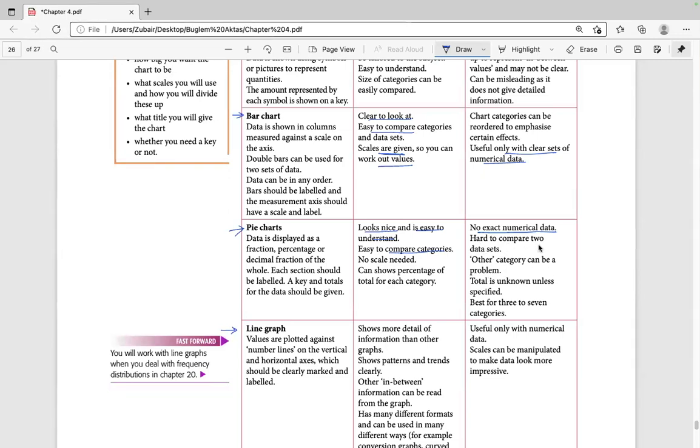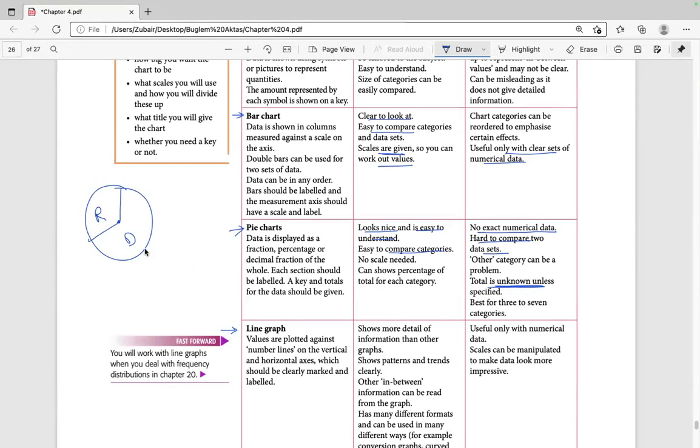Okay, hard to compare two sets of data. Obviously, all the pie charts we're doing have one set of data. So like two table charts, we cannot draw a pie chart for them. Total is unknown unless specified. If I tell you that we are working out of 7 days, how many days it rains and how many days are dry.